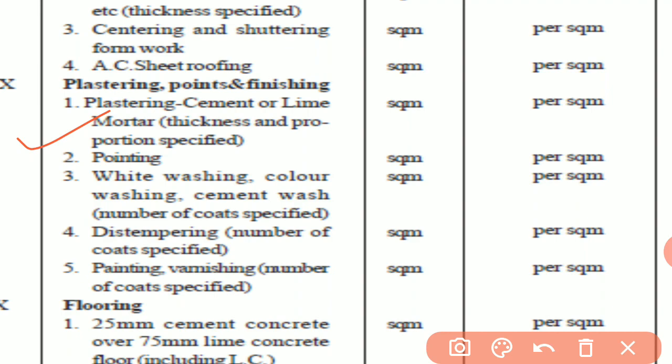So we measure plastering in square meter. Next is pointing, which is also measured in square meter. Then whitewash, color wash meaning coloring or painting, is also in square meter. Then distempering, number of coats specified, is also in square meter. Then painting and varnishing for doors or windows is also measured in square meter.